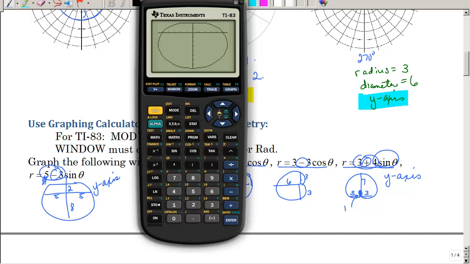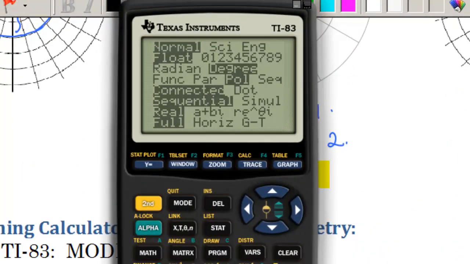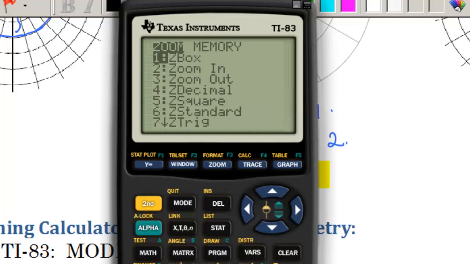So first of all, this exercise is to show you how you can use your TI-83 to help you graph polar mode, but your mode, if that's in degree, your window needs to be like 0 to 360. And if you want to make sure it is, you can always do zoom 6, which is your standard viewing window.